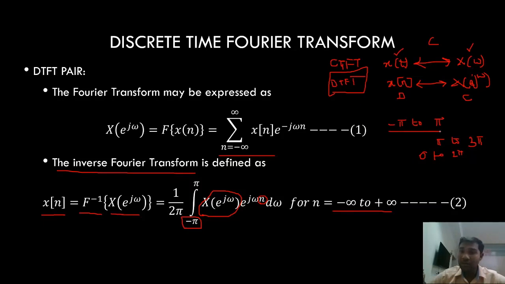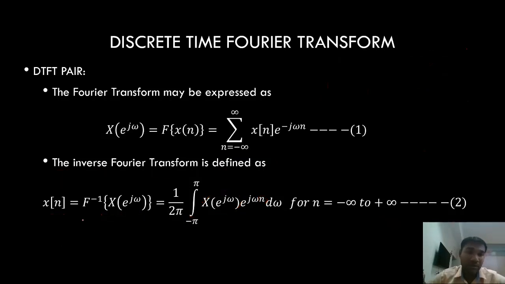Whatever is there from minus pi to plus pi, the same will exist from pi to 3 pi or 0 to 2 pi. So what does it mean? It is periodic in nature. What is the period? The period is 2 pi. So the discrete time Fourier transform is periodic in nature with period 2 pi.